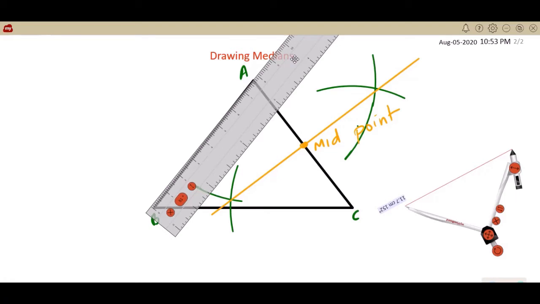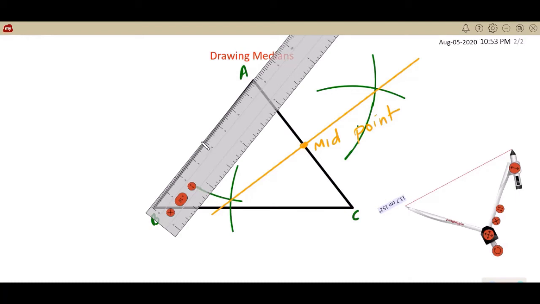7.7, and so 3.5 and another 3.5, that means 3.85, 3.9, 3.85. So roughly beyond 3.5 a point can be marked. I am saying it roughly, which means it will not be as accurate as how we did the AC side midpoint.